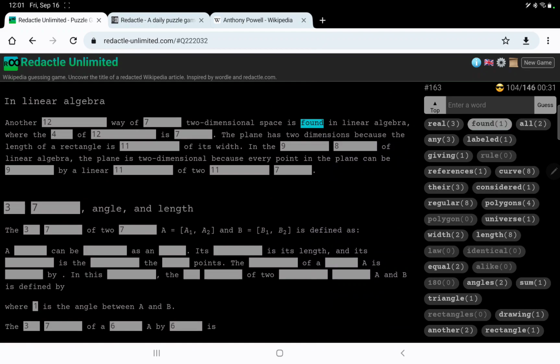Another complicated way of thinking, imagining or considering where the 4 of 12 is 7.